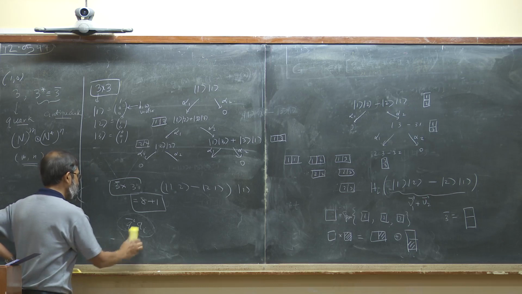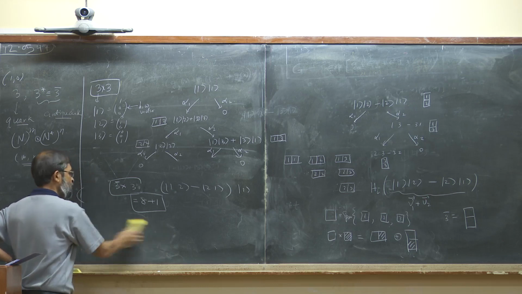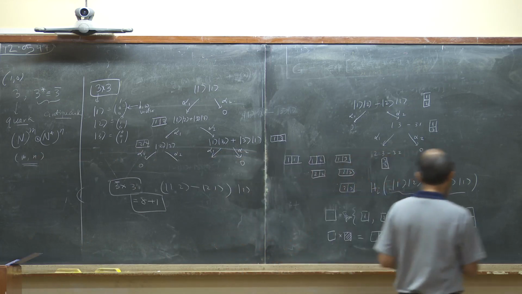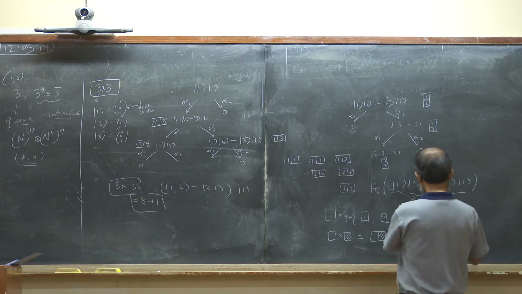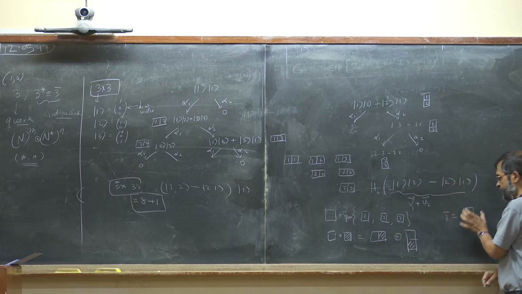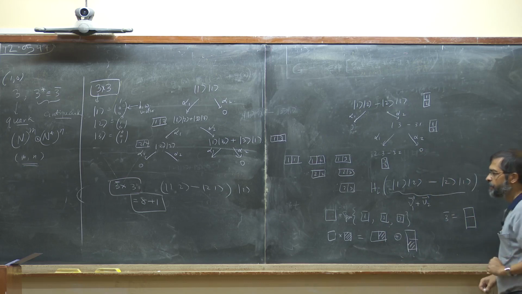So let me write it in terms of more general mathematical notation. Okay, before that, just keep this in mind at the moment, that 3 bar is an antisymmetrized product of two threes.